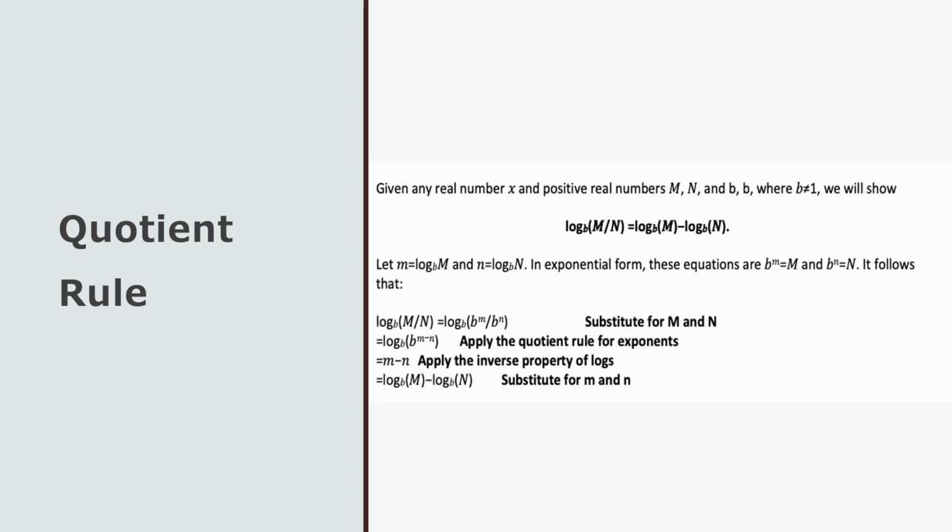It follows that log base b of m divided by n equals log base b of b to the m divided by b to the n. Here you substitute for m and n. Next, log base b of b to the m minus n, where you apply the quotient rule for exponents. Next you do m minus n and apply the inverse property of logs. Next you do log base b of m minus log base b of n and substitute for m and n.